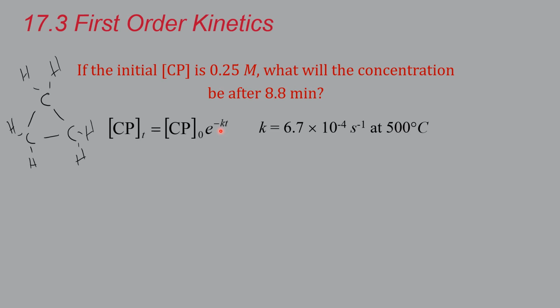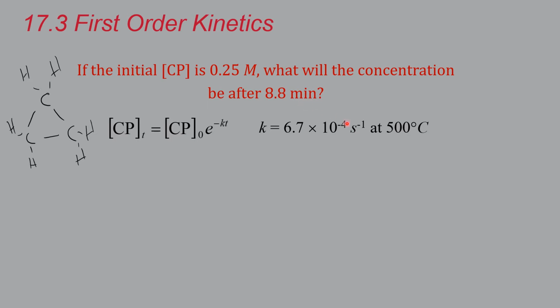One thing you do need to do, though, is rectify the units. So arguments of E operations, just like natural logs, should technically be unitless. They should just be numbers. Now, in this case, the rate constant k has units of inverse time, and time has units of time, so they would cancel out.